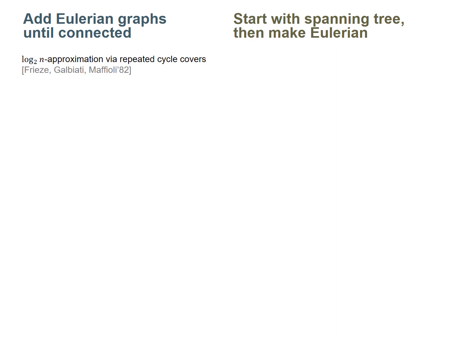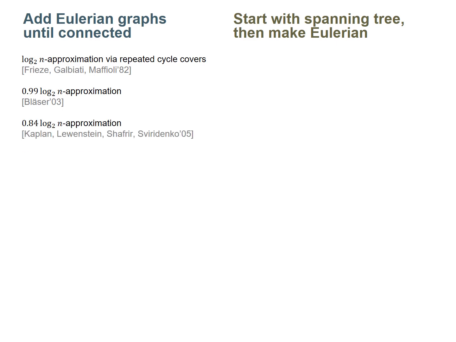People thought on how to improve this, and 20 years later, Bläser did so to get a 0.99 log n approximation, an improvement in the constant in front of the log n. And now the world record in improving this particular approach stands at 2/3 log n by Feige and Singh.